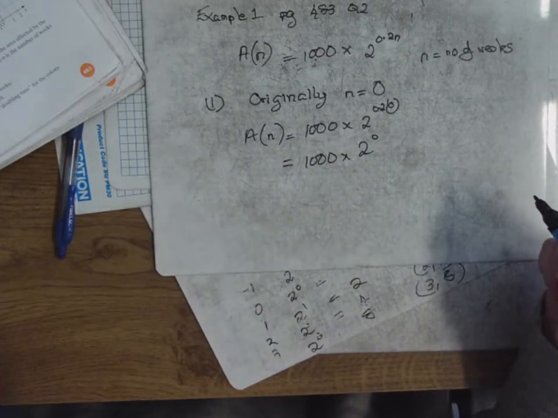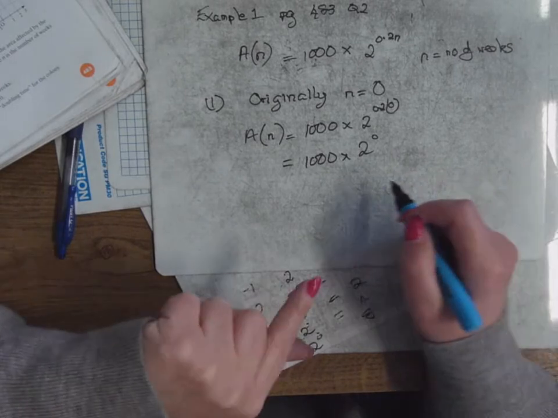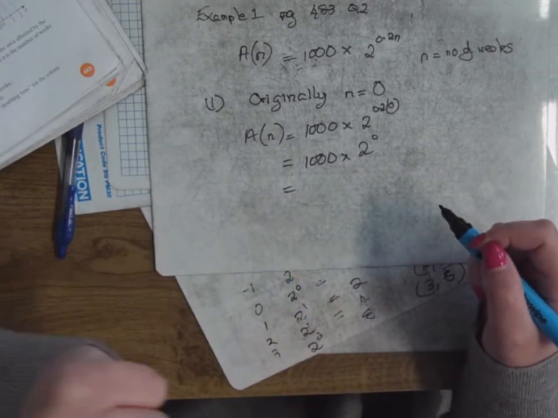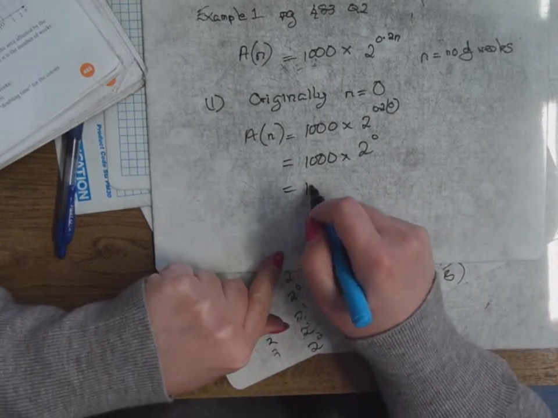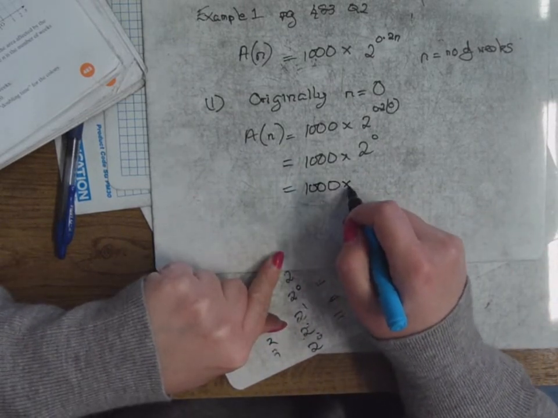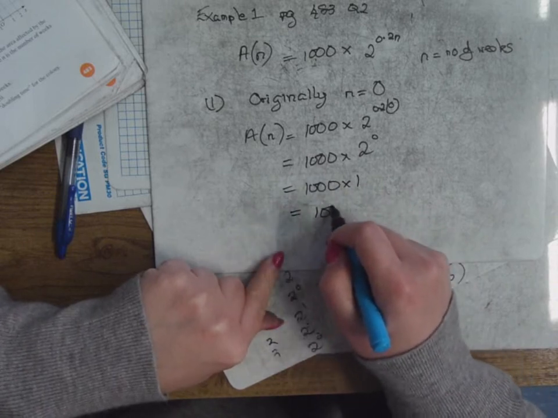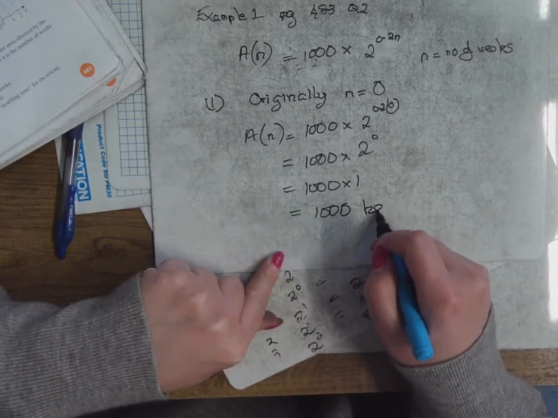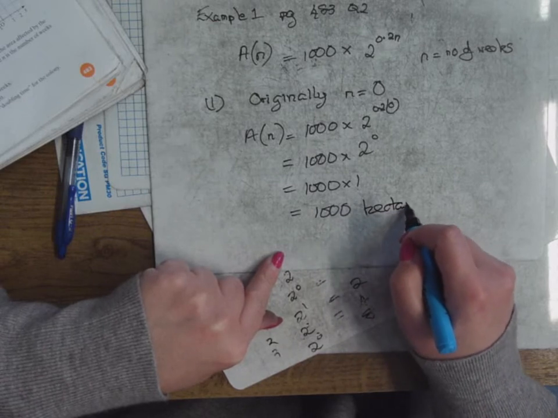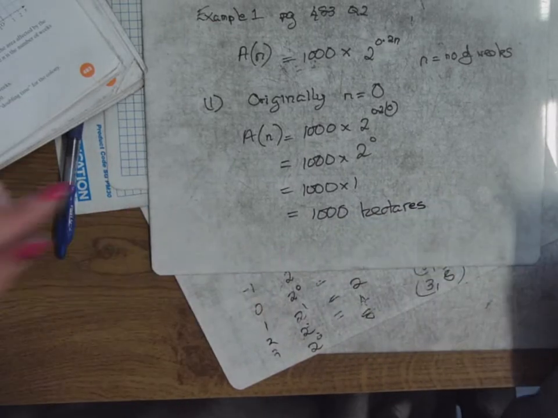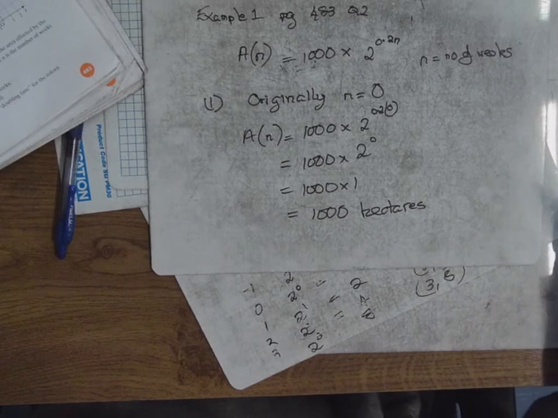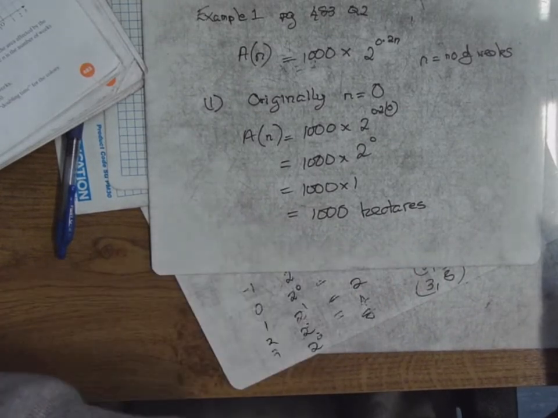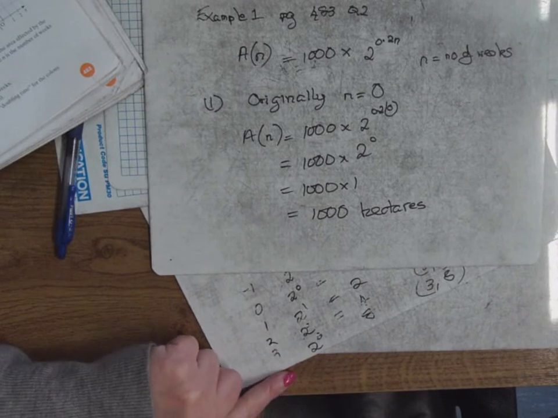Here's where people go wrong. 2 to the power of 0 is 1. I'd be a rich woman if I got €1 for every time someone said 2 to the power of 0 was 0, and I'm not rich at all. So the area originally affected was 1,000 hectares. You don't need a unit, it's an algebra question. So when the entomologist started, the very first day he started counting, there were 1,000 hectares affected by this grasshopper plague. Is that alright?